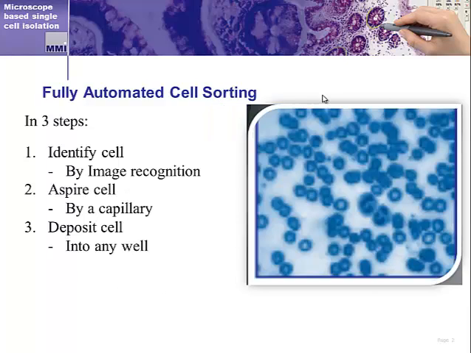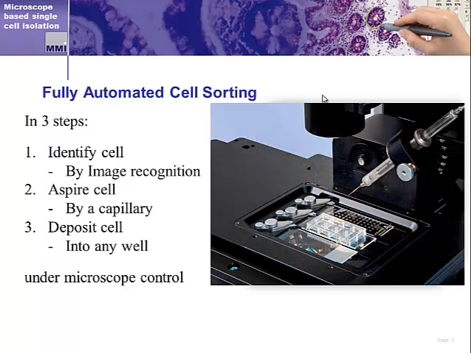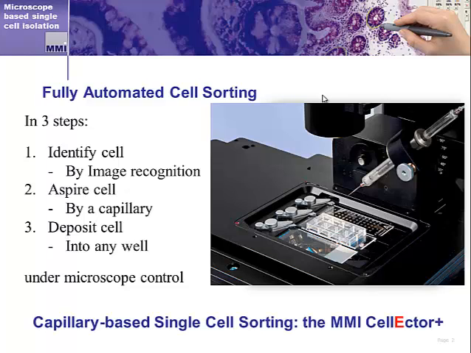The next step is to deposit the cells in separate wells so that they can be identified later on. Everything is done under microscopic visual control. So it's capillary-based single-cell sorting, and we call it the MMI CellSelector.